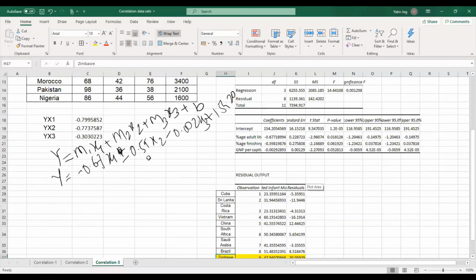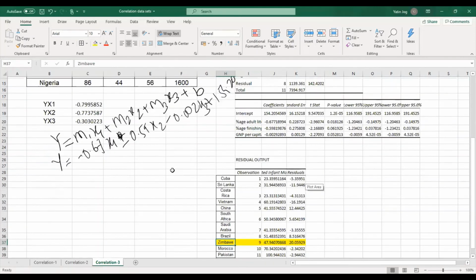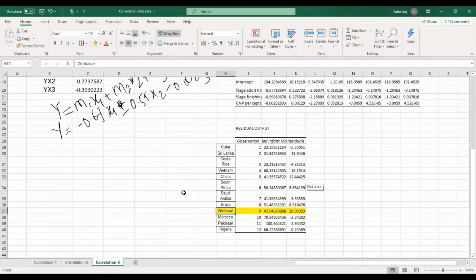Even so, the same data model, the same x1, x2, x3 may fail to predict accurate y for Zimbabwe, because of the highest deviation, highest residual, Zimbabwe may be the outlier.